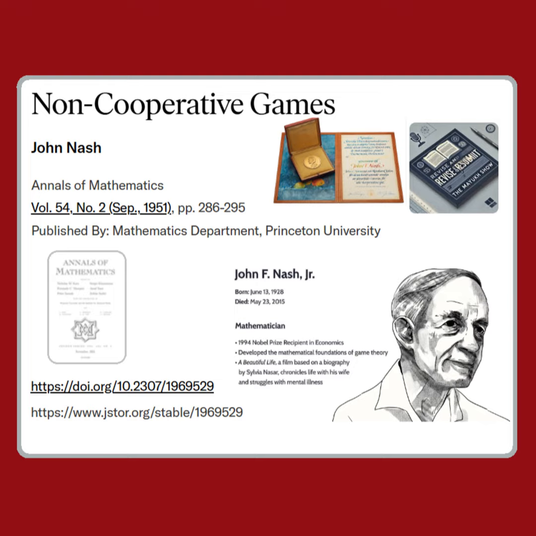Wow, so no matter how complex the game, there's always at least one scenario where everyone's strategy is optimal, given what everyone else is doing. Exactly, and this has profound implications for how we understand strategic behavior in all sorts of situations.